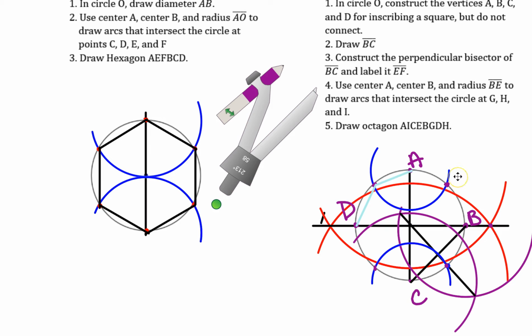Okay, so you would neatly, with your straight edge, a little bit more control than I can with my computer, go through and connect all these vertices together. Nice and neat. Alright, there you go.